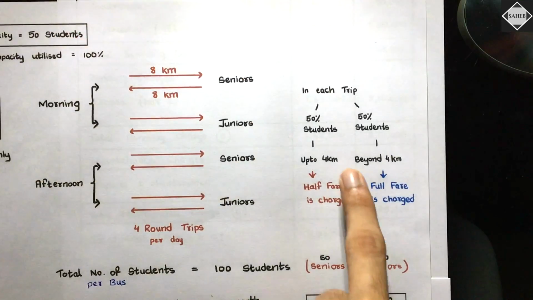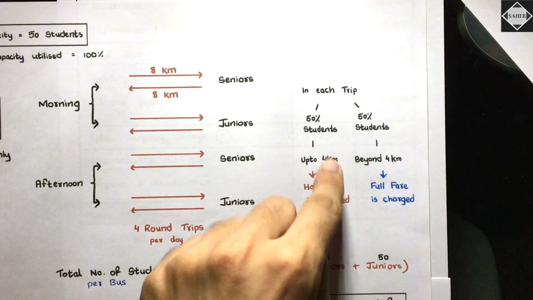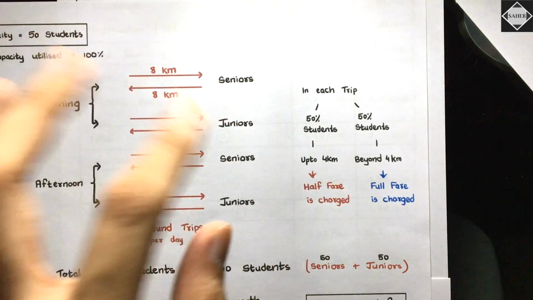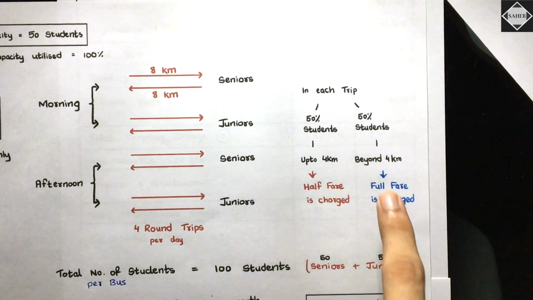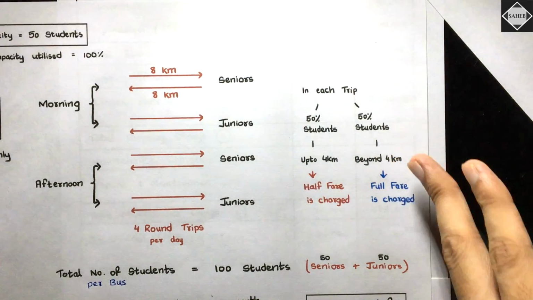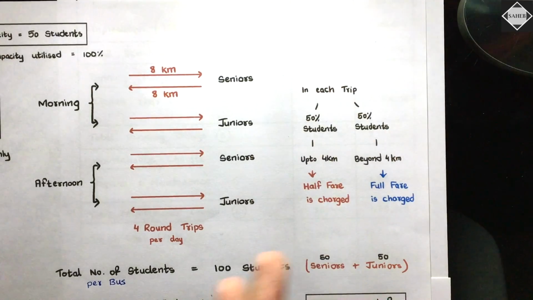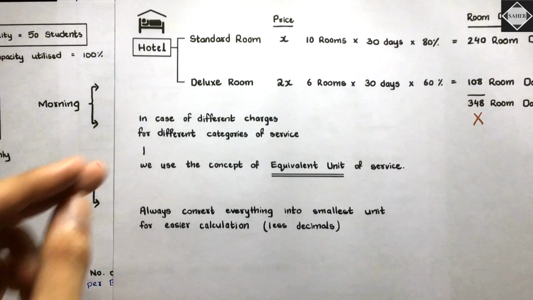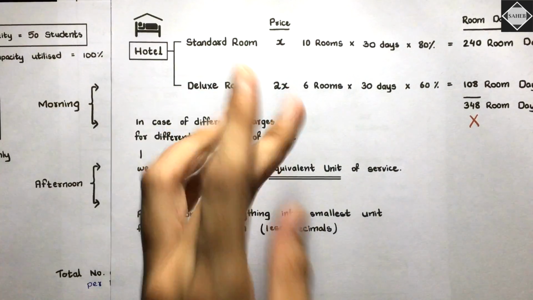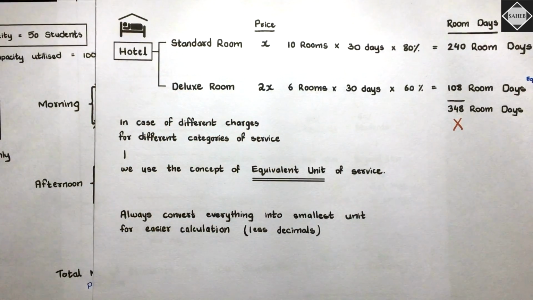Like here, for 50 students we are dropping or picking them up within 4 kilometers, so less diesel cost. Here we are taking them farther, better service is provided, so full fees we are charging. So when we have different charges for different categories of service, we use the concept of equivalent unit.